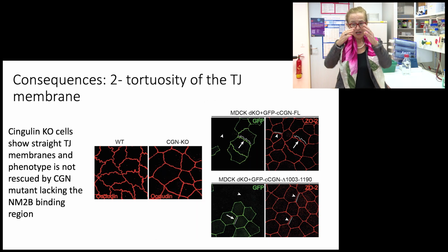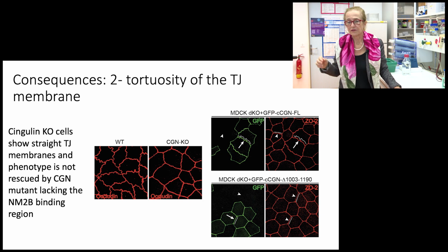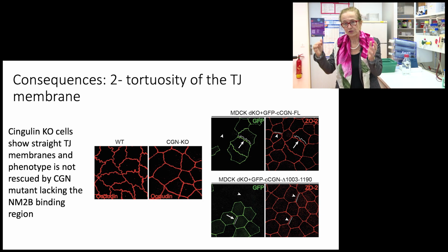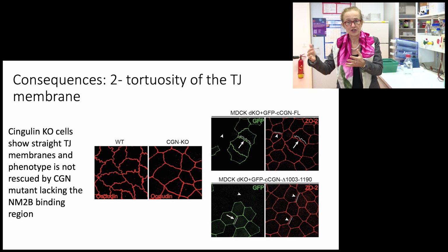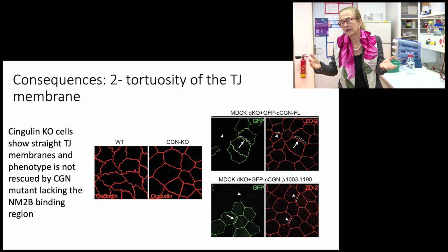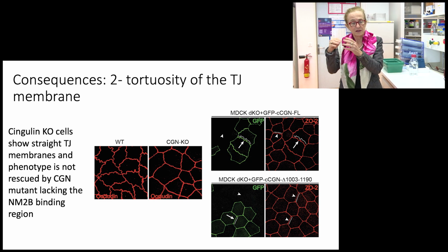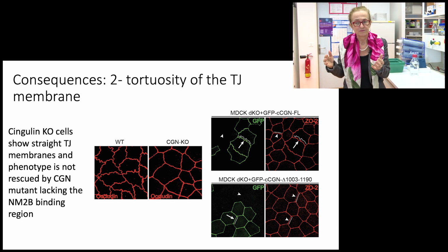Second, the shape, the tortuosity of the tight junction membrane, which in MDCK cells is very tortuous, is completely abolished in cells knockout for cingulin, a bit less for paracingulin, and completely abolished in double knockout cells. And if you rescue, again, with cingulin or paracingulin, you recover tortuosity, but not if you rescue with the mutants that do not bind myosin.